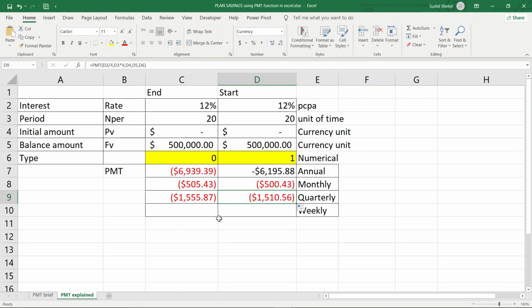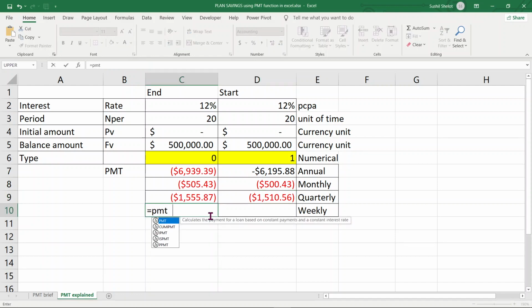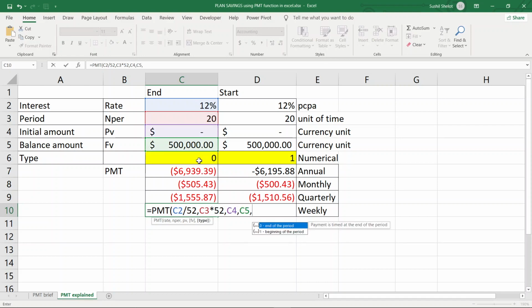The next thing what we're going to calculate here is for weekly. So as I already said, a year has got 52 weeks and therefore this interest value will be divided by 52. The number of years will be multiplied by 52 so that we get the values in number of weeks. The PV value is 0 and the target value remains 500,000, and we are going to choose the payment at the end of the week.